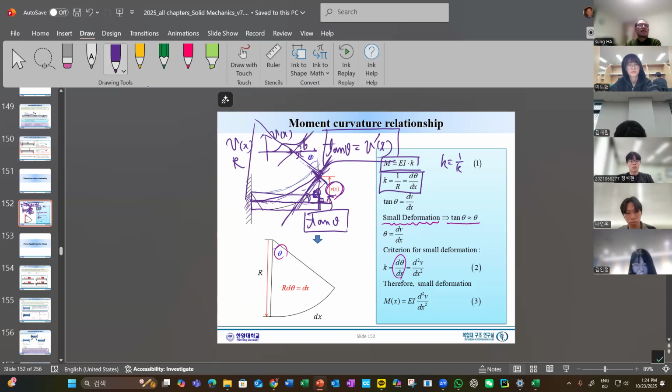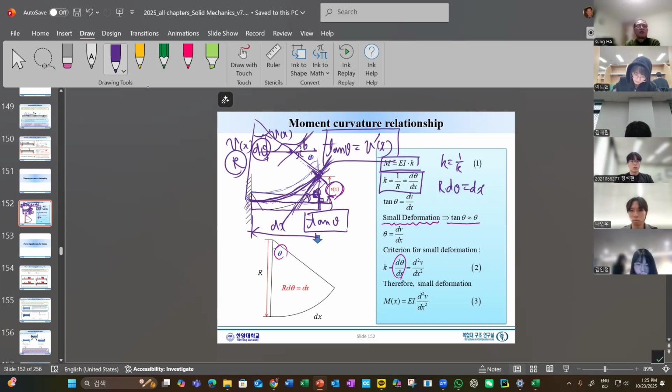Let's consider this is just an incremental, small dx. Then we can say this is d theta. Now, R times d theta gives us this length, right? R d theta will give us dx, the length of this neutral axis.